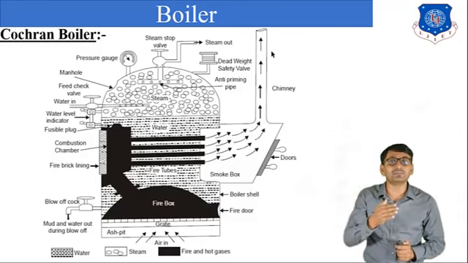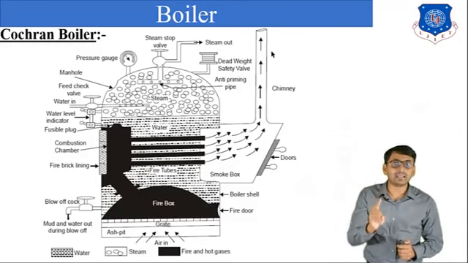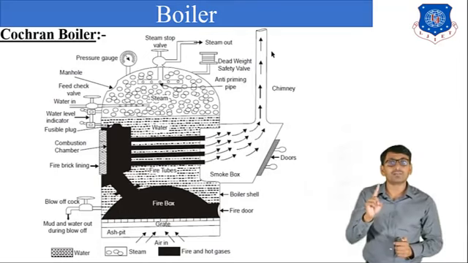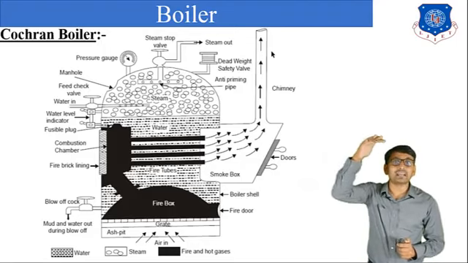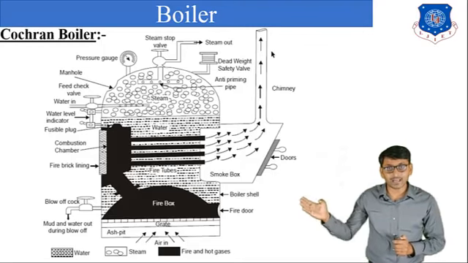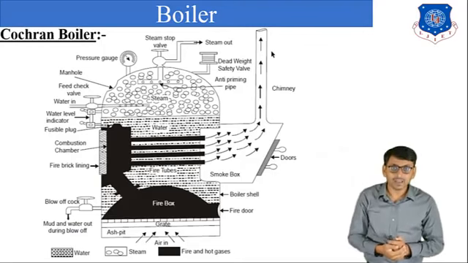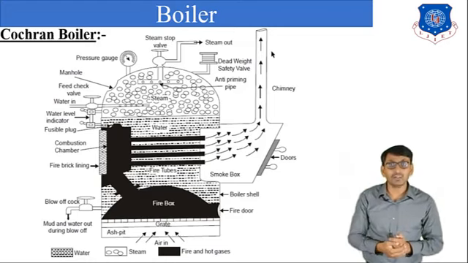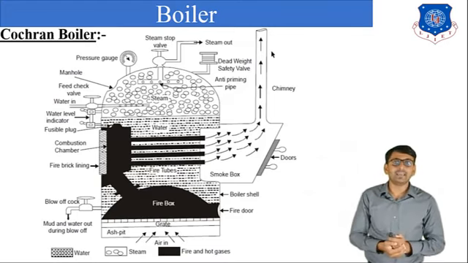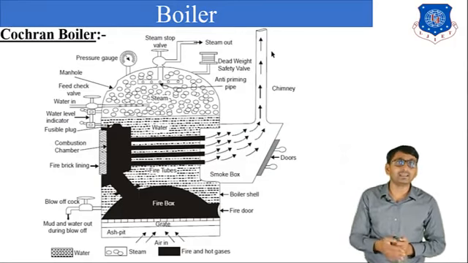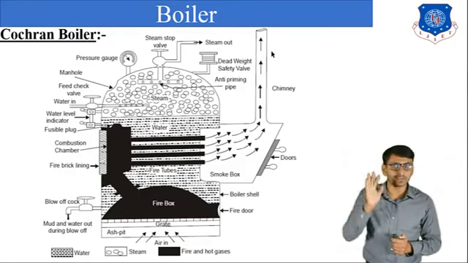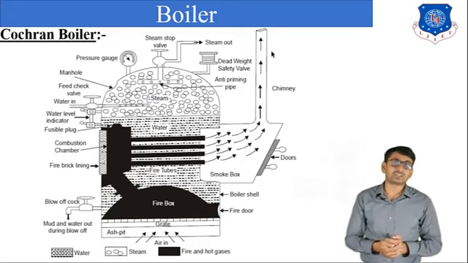Due to heat exchange between water and high temperature gas, water is converted into steam, and steam has less density than water, so it collects at the upper side of the boiler shell. In this diagram, at the upper side there is steam and below there is water due to density difference. Then this high temperature gas after use is transferred into the smoke box, then into the chimney and then the atmosphere. So this is about Cochran boiler.